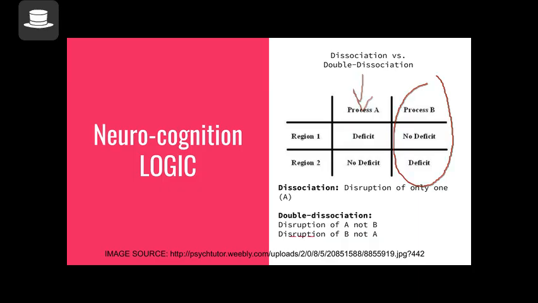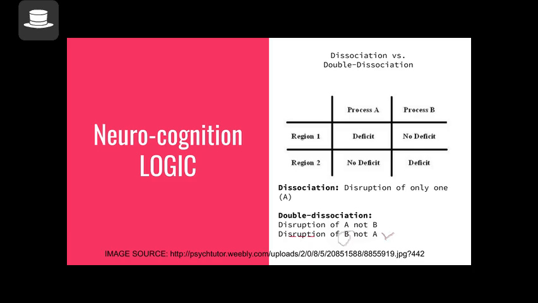A double dissociation is when both kinds of cases are found. In other words, there is a patient with a disruption to mental process A, but not B, and there is also another patient somewhere with a disruption to mental process B, but not A, suggesting that these two mental processes A and B are independent of each other most likely.